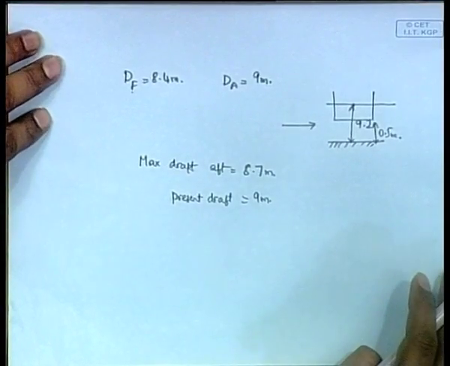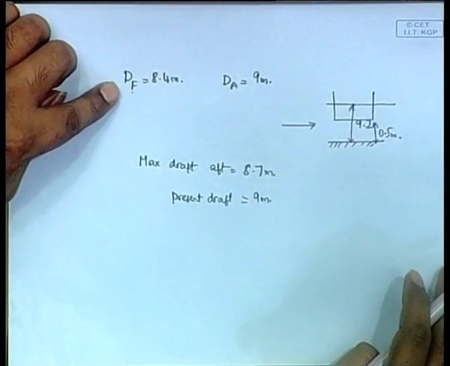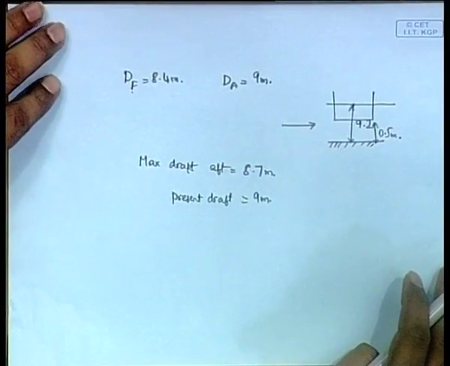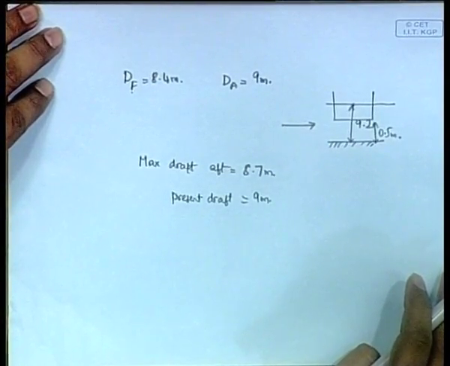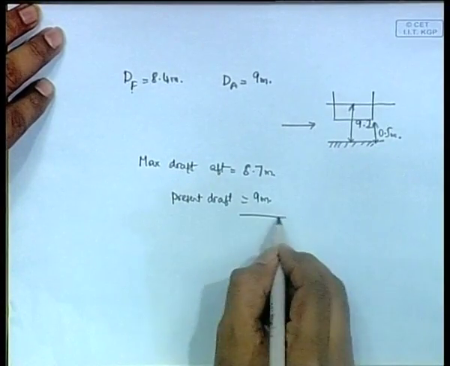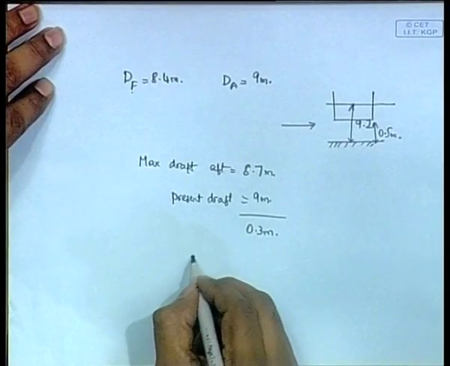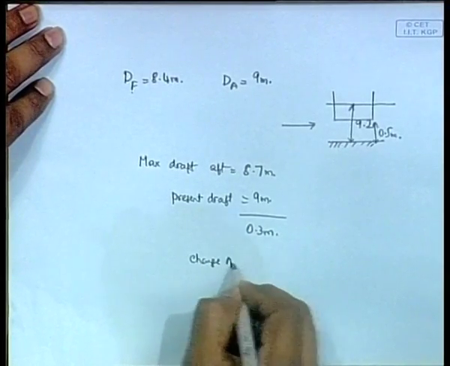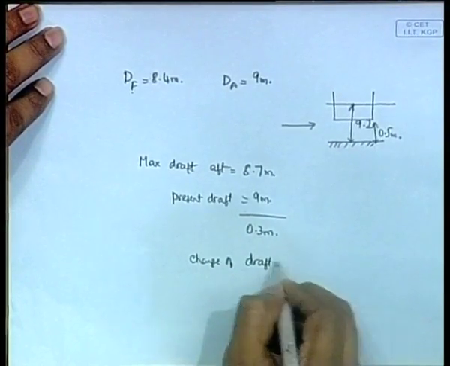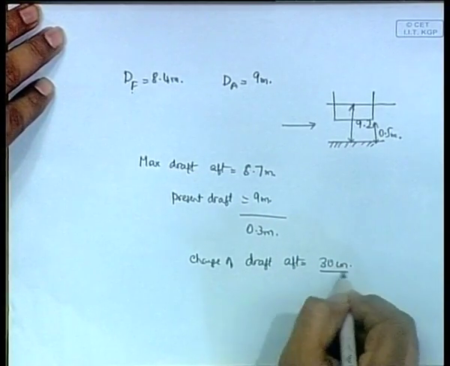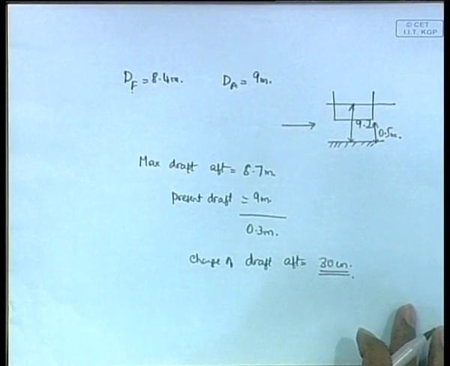Let us forget the forward side, it is less than 8.7, it is okay. Therefore, the present draft aft is 9 meters, which means about 0.3 meters it has to go up on the aft side. That means the change of draft aft should be about 30 centimeters.